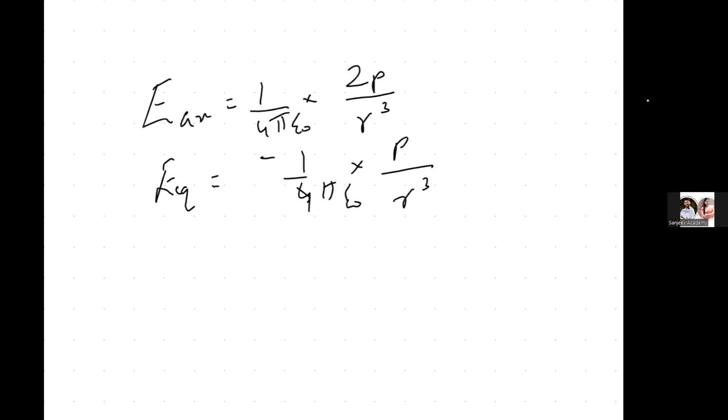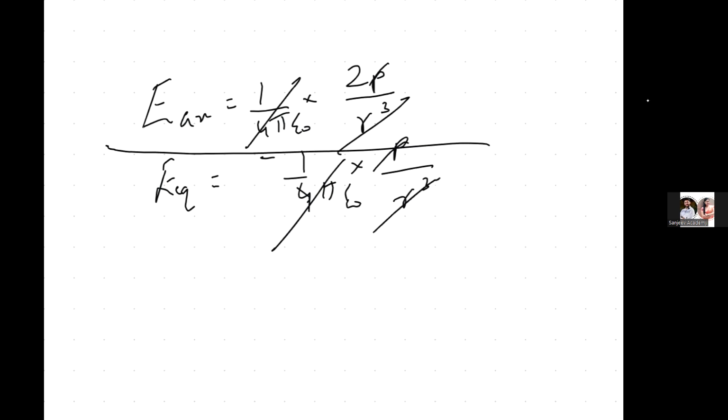So if I'm dividing these two things, what will happen? 1 by 4 pi epsilon will cancel, p will get cancelled, r cube will get cancelled. Correct? So I'll get E axial is equal to what? Minus 2 E equatorial.